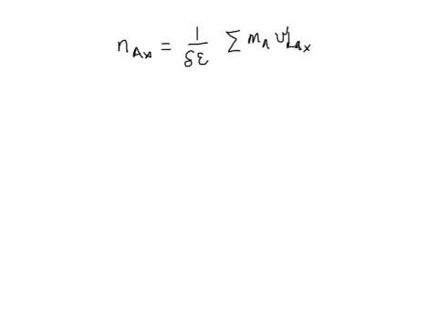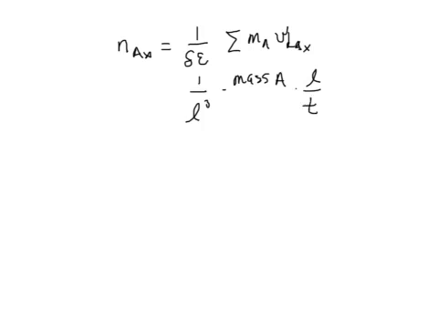Okay, so we've rewritten the definition on a fresh page, and let's look at the units here. The first term has units of volume, so that's 1 over length cubed. The next term has units of mass of A. And the velocity, of course, has units of length over time.